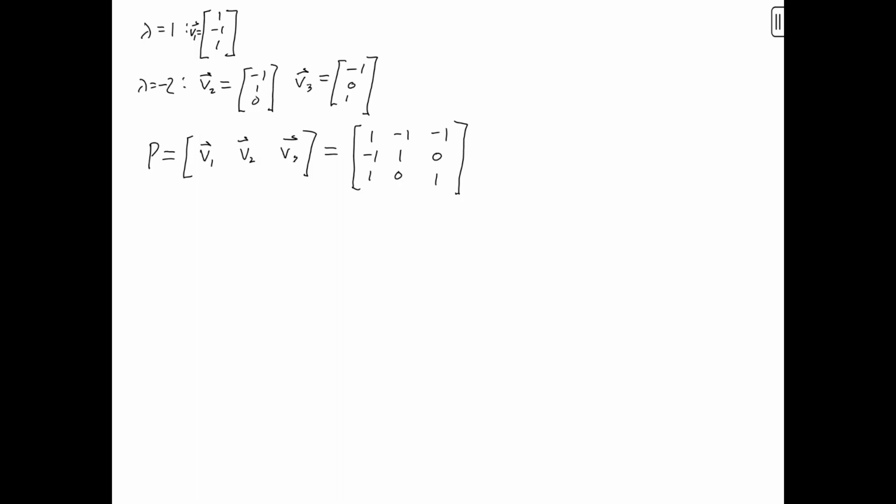And D is the diagonal matrix with diagonal entries corresponding to my eigenvalues for each column. So 1, -2, -2, with the other entries all 0.